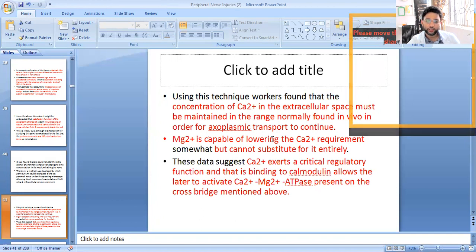Magnesium is capable of lowering the calcium requirement somewhat, but cannot substitute for it entirely. These data suggest calcium exerts a critical regulatory function, and that its binding to calmodulin allows the latter to activate the calcium and magnesium ATPase present on the cross bridges mentioned above.